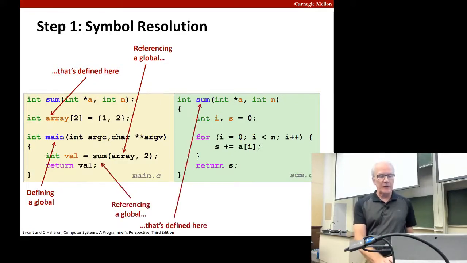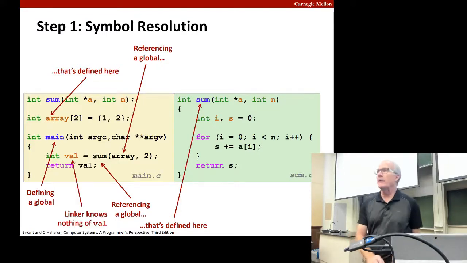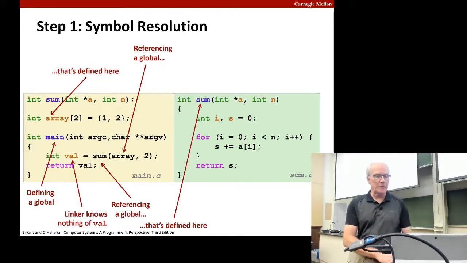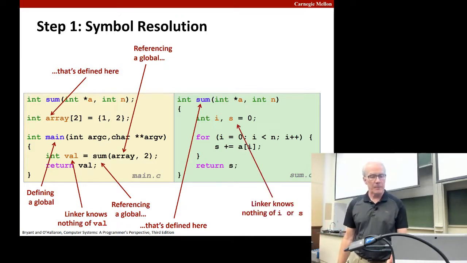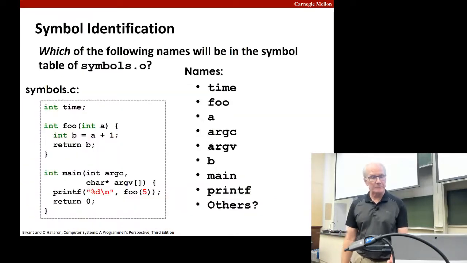Sum is a case where it's defined in one file and referenced in another. And as I mentioned, things like val and argc and argv don't show up in any symbol tables because they're not known, they don't exist. The linker doesn't have to keep track of them. And similarly, these other variables within sum.